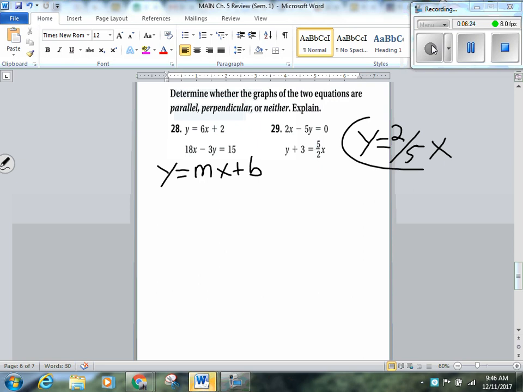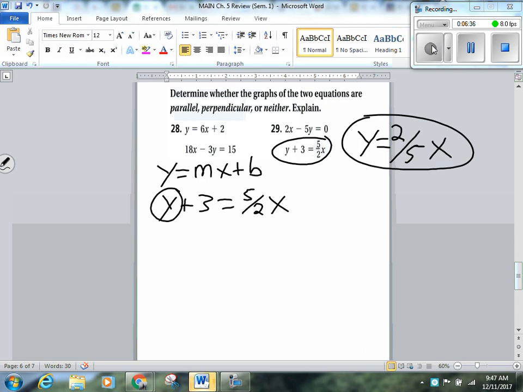Now that we have this equation by itself, now let's take a look at this equation. Y plus 3 equals 5 over 2x. Want to get that by itself. Get the opposite of plus 3 and need a minus 3 to both sides.